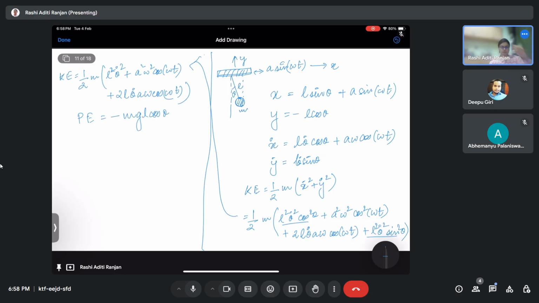I consider that here I have zero potential, so in the negative direction, minus. I have kinetic energy, I have potential energy. I can simply apply the Lagrange equation or Hamilton's principle and get the equation of motion.